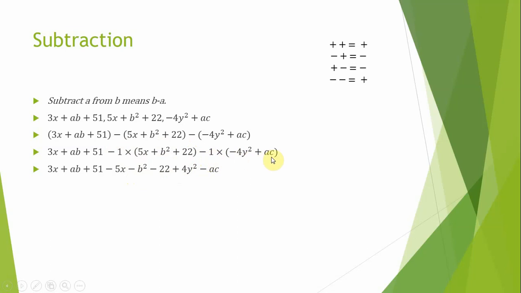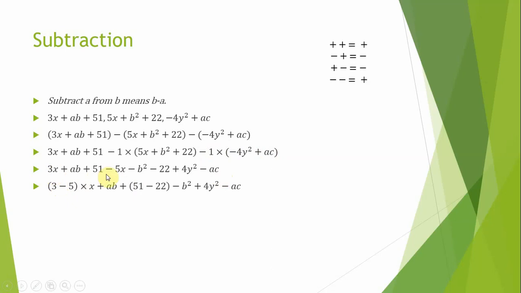Now we're left with the last expression. So minus 1 into minus 4y square, which gives us a positive. Because of the like symbols, we get a positive y square, and minus 1 into ac gives us minus ac. Again, what we do is we rearrange the terms and add or subtract the like terms.